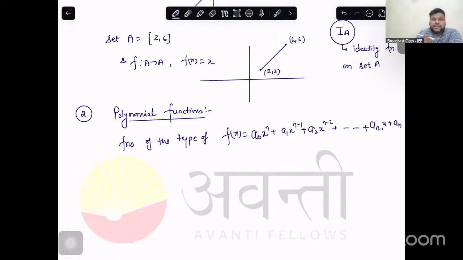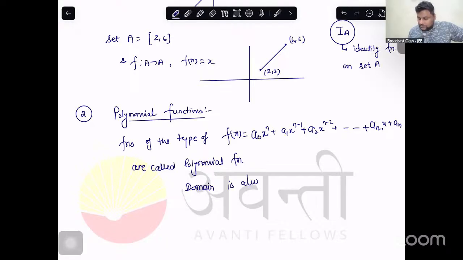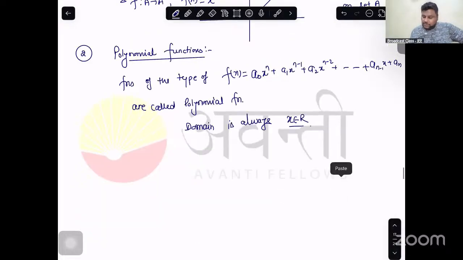Functions of this type are called polynomial functions. Their domain is always x belongs to R. You can put anything into them.